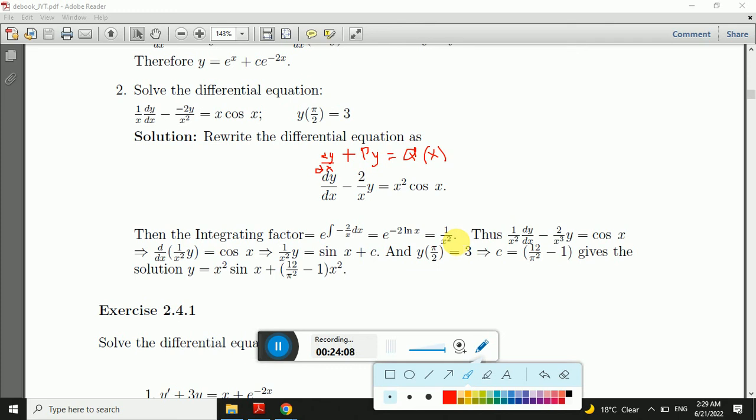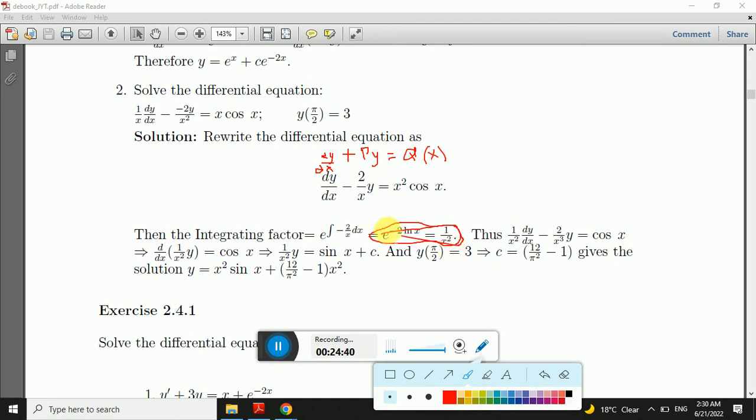Then you multiply this differential equation throughout by 1 over x squared. Don't ask me how this comes about. This is knowledge of logarithms. I want you to figure out how e to power negative 2 natural log of x becomes 1 over x squared.